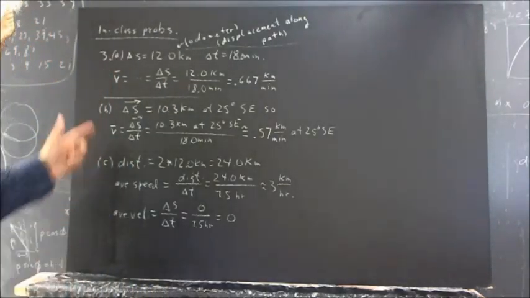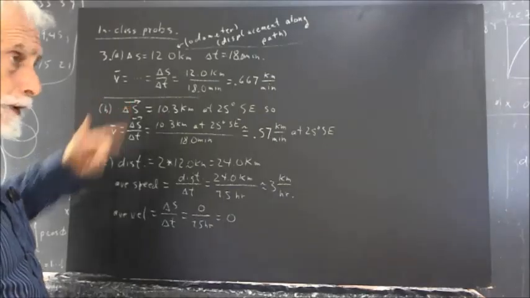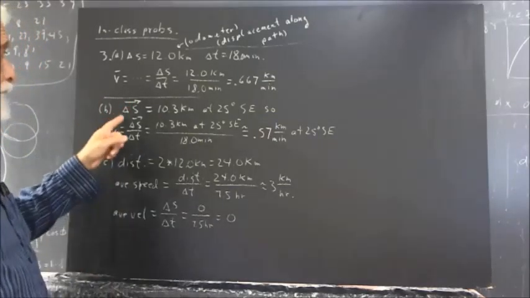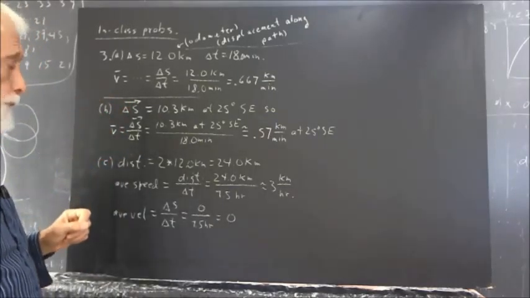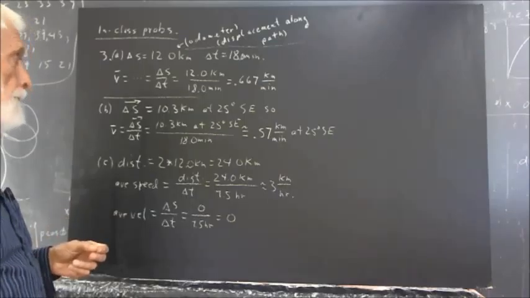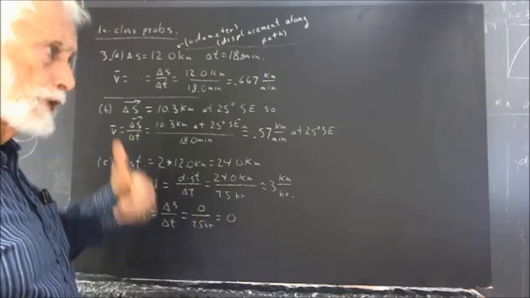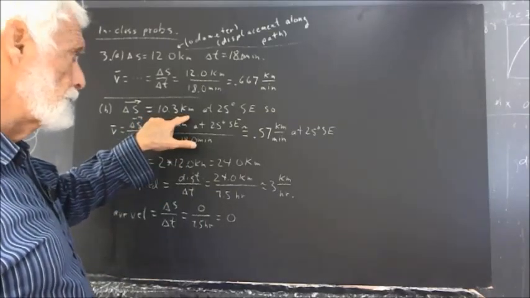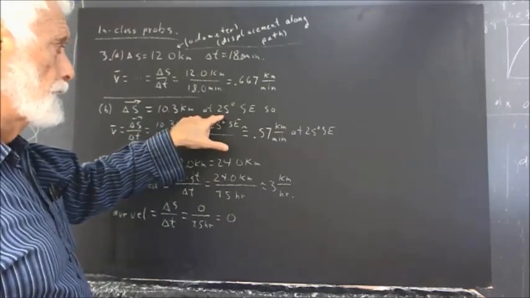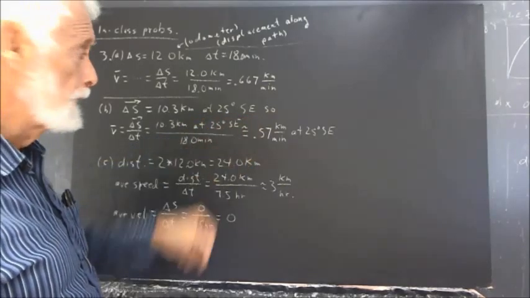Now, the second, we have a delta S, and I put an arrow over this. This delta S is what we call a vector delta S. It says that from beginning to end, our position changed by 10.3 kilometers in the direction 25 degrees southeast.